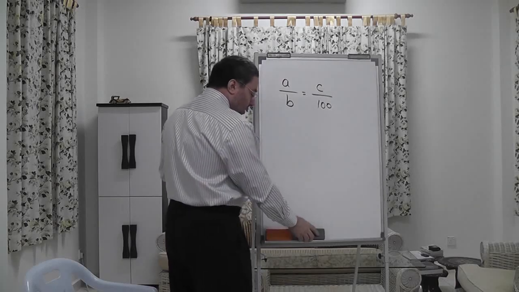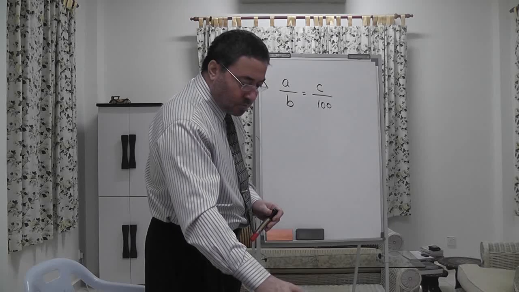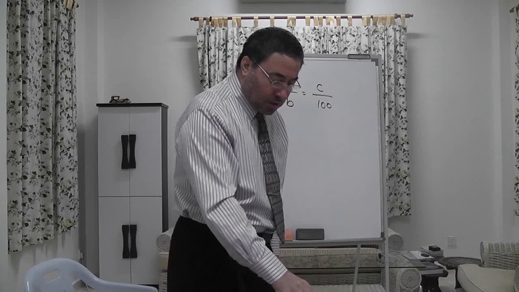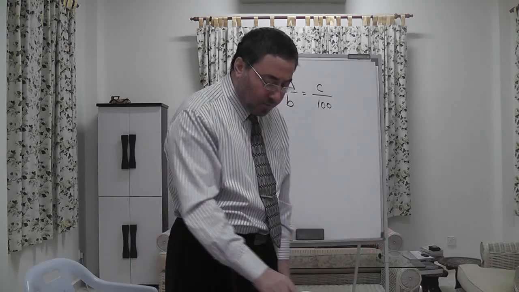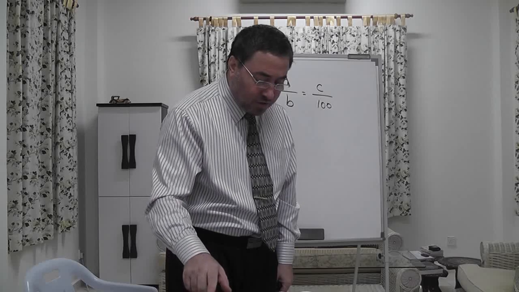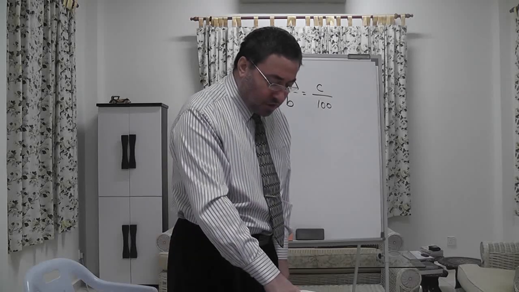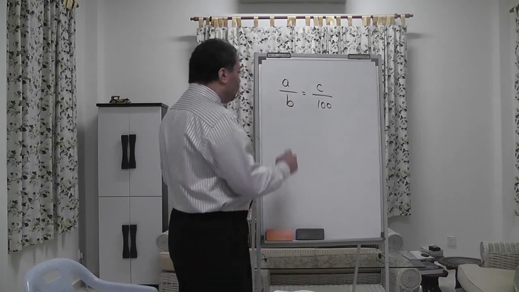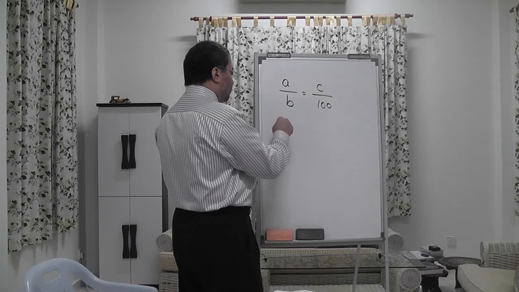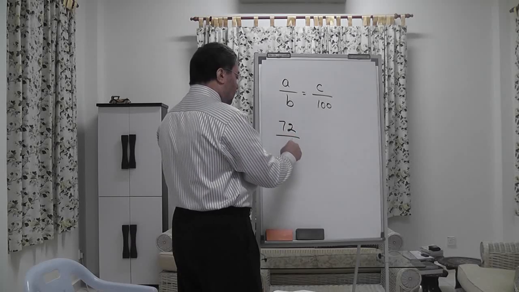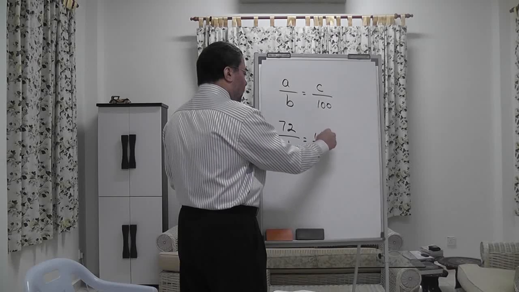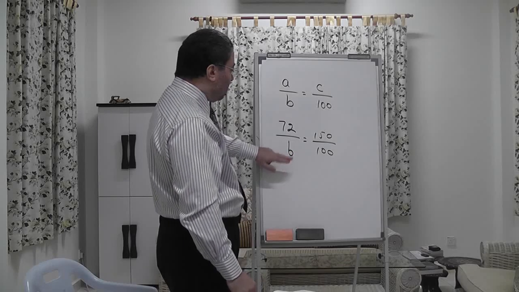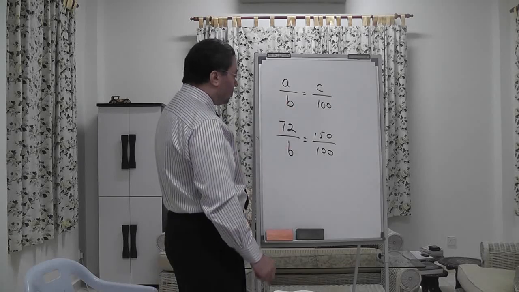Now this third situation, you have to use the equation because you cannot get it right away. Finding the number when a percent of it is known. For example, 72 is 150% of what number? So 72 is 150% of what number? Here, in order to solve this, we have to do some calculations.